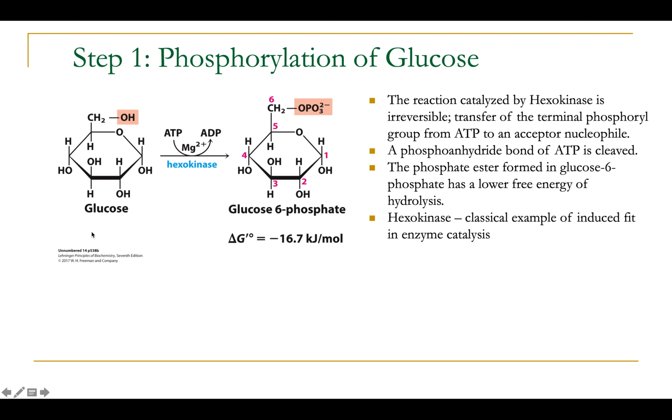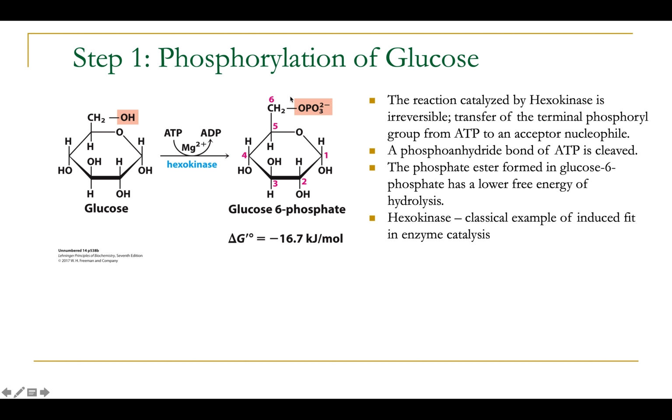This way, glucose can go freely in and out of the cell. However, there are no transporters that can permeate glucose 6-phosphate. This way, an important function of the first step is to trap glycolytic intermediates in the cell cytoplasm, thus making them available for the next steps of glycolysis.